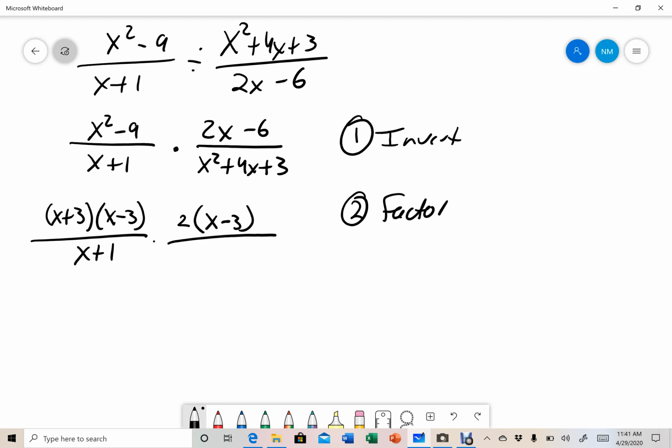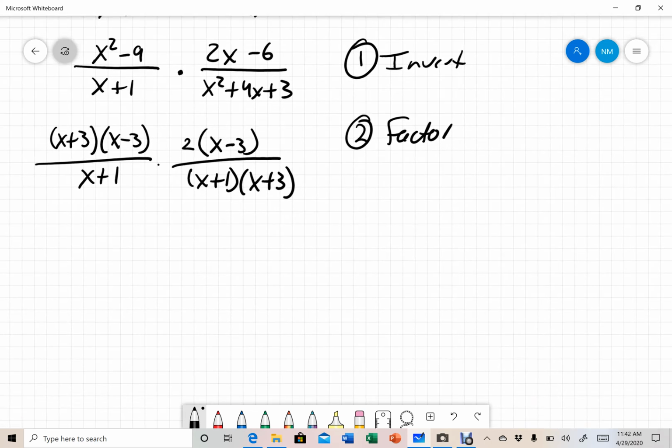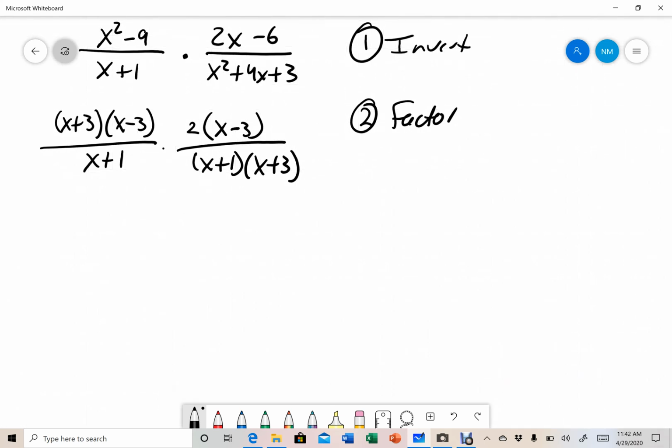And then x squared plus 4x plus 3 factors to x plus 1 times x plus 3. Okay, so step number 2 is to factor. All right, so we factor out all of our numerators and all of our denominators until there's nothing left to factor. Okay, step number 3 is to cancel.